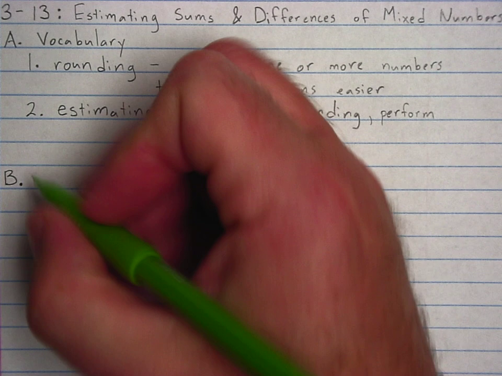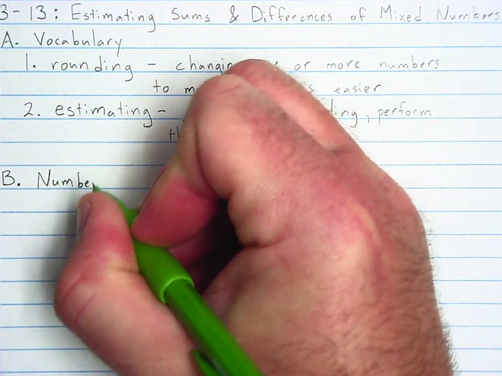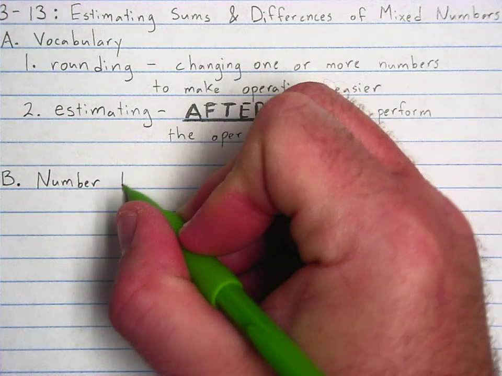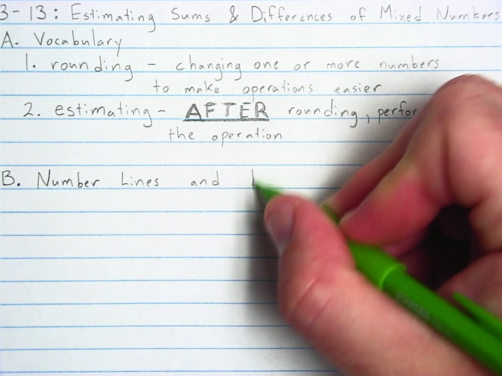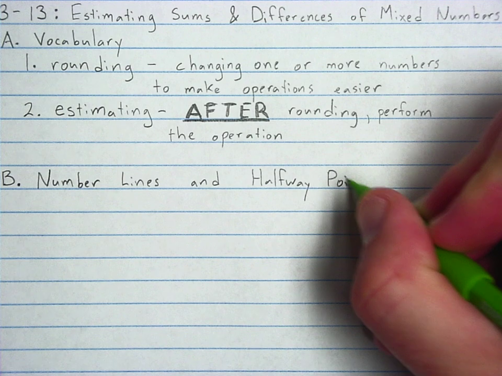So on and so forth. We're going to think of something very similar with our mixed numbers, we're going to talk about number lines and halfway points. Okay.